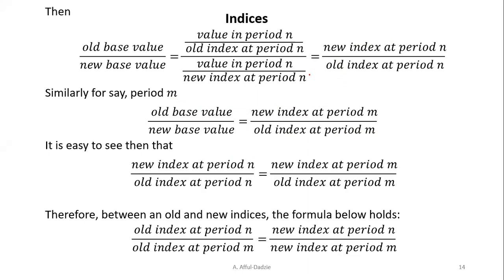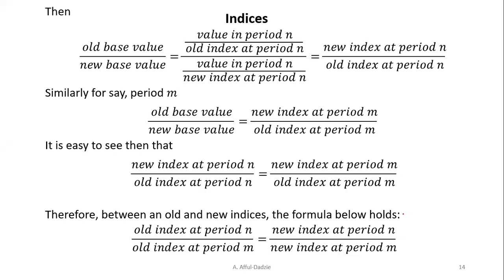We can say that the new index at period N over the old index at period N is equal to the new index at period M over the old index at period M. Therefore, in comparing between the old indices and the new indices, we take the old index at period N over the old index at period M, and the new index at period N over the new index at period M.